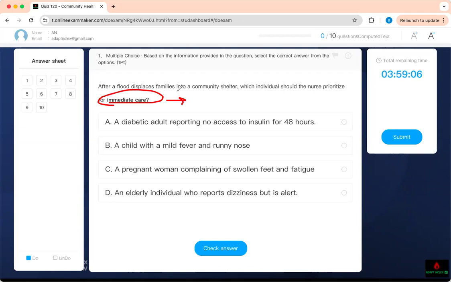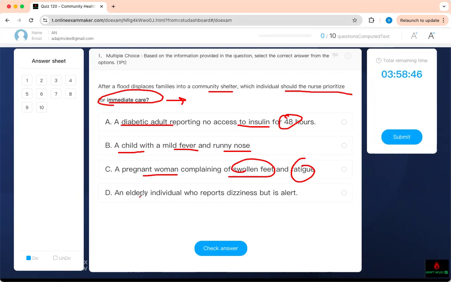After a flood displaces a family to a community shelter, which individual should the nurse prioritize next? Be sharp, okay? A diabetic patient with no insulin for 48 hours. A child with mild fever and runny nose. A pregnant patient with swollen feet and fatigue. An elderly individual with dizziness, but alert.